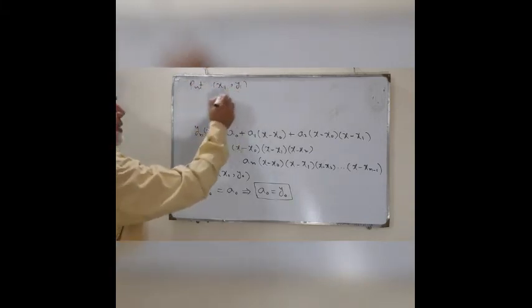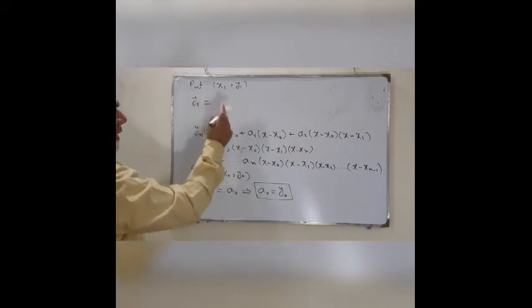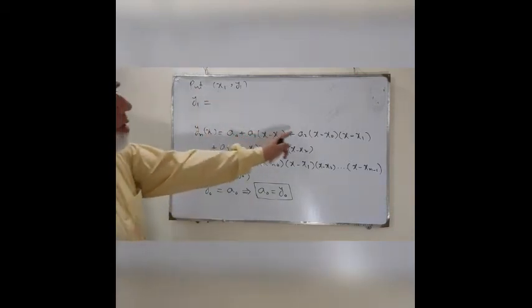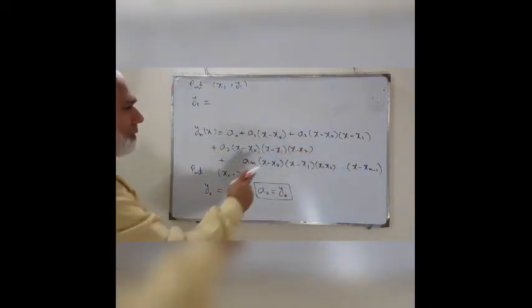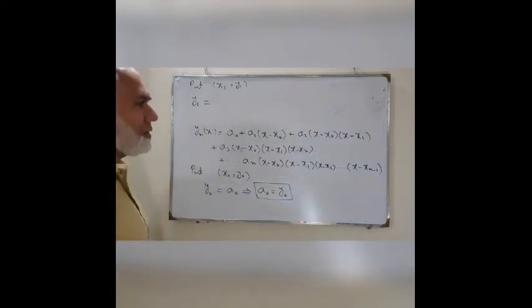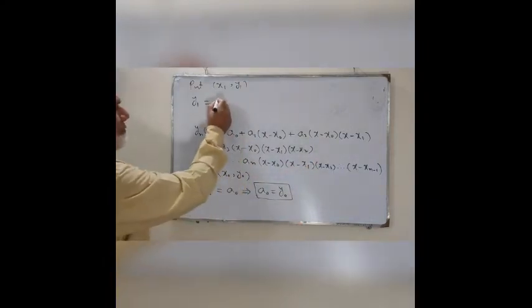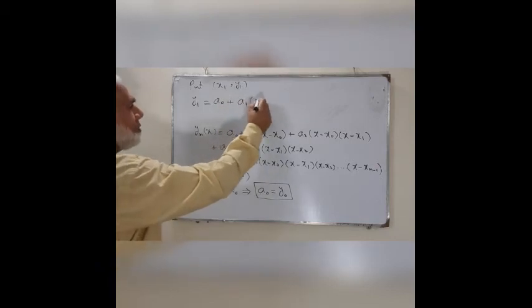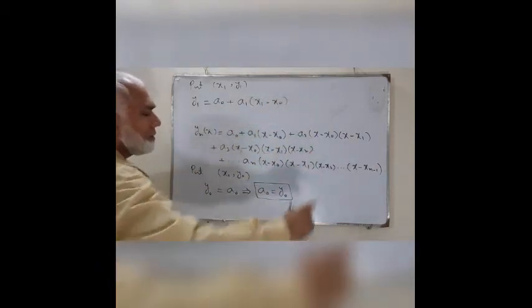Okay, now to find out the second unknown, we'll be putting x1 and y1. So here we get y1 on the left side. On the right side you can see, except the first two terms, all the remaining will become 0 due to the presence of x2, x1 here and all the terms after this. So the result takes the form a0 plus a1 into x1 minus x0.